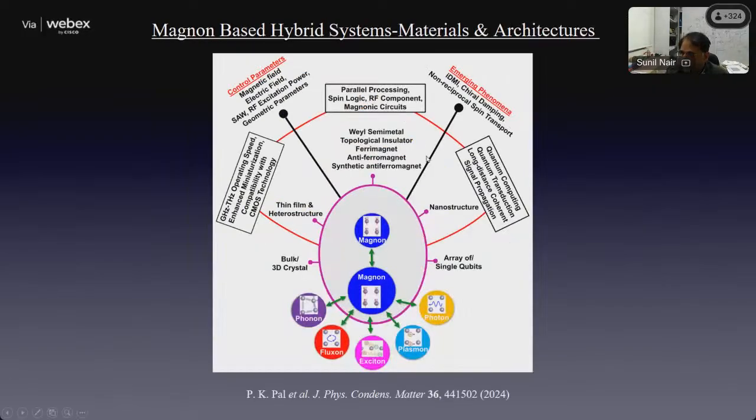If you look at magnon-based hybrid systems, there are a large number of both materials and architectures which are being thought about. So you have magnons interacting with phonons, with fluxons, which means superconducting qubits, with excitons, with plasmons, with photons, and many of them are important for quantum computing.